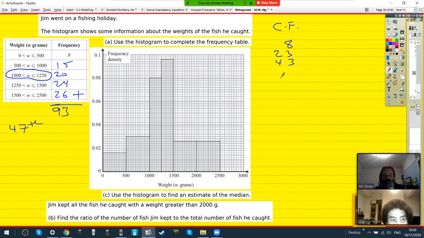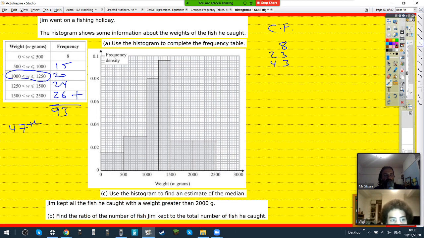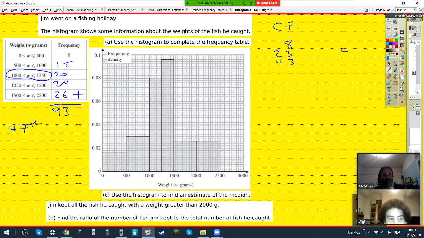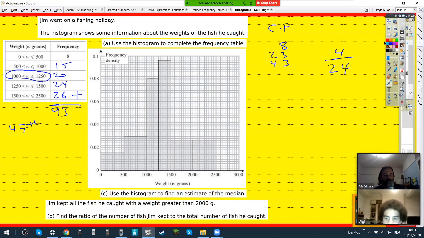And so then 47 was how many more? 4 more. So it was 4 out of the next group, which was 24. What fraction of the way in is that? That is 1/6. So it's 1/6 of the way into that group.